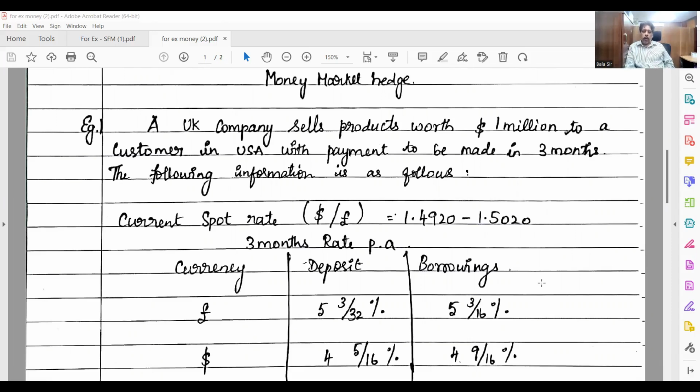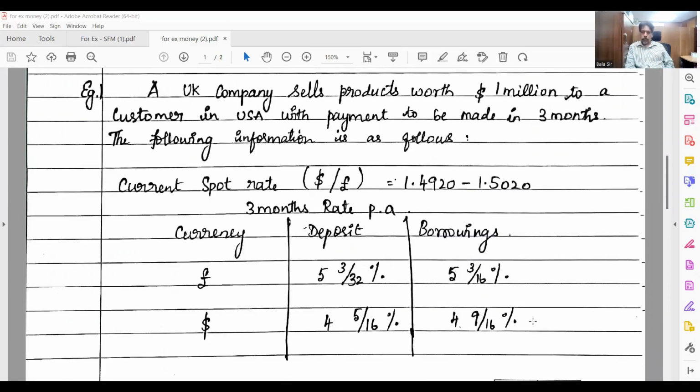Now let us go ahead and take on this numerical. A UK company sells products worth $1 million to a customer in USA with the payment to be made in 3 months. The information is as follows. Current spot rate, dollar per pound, 1.4920-1.5020. 3 months rate per annum.